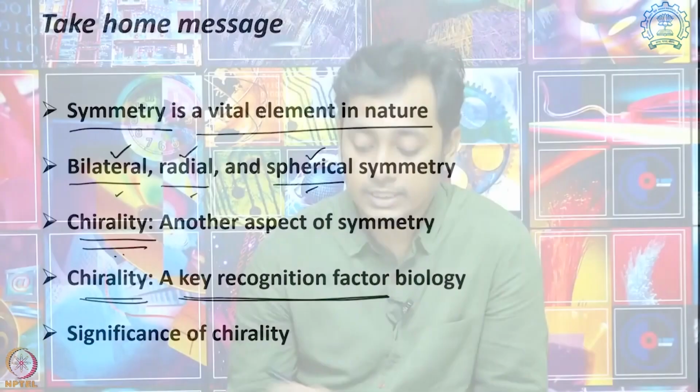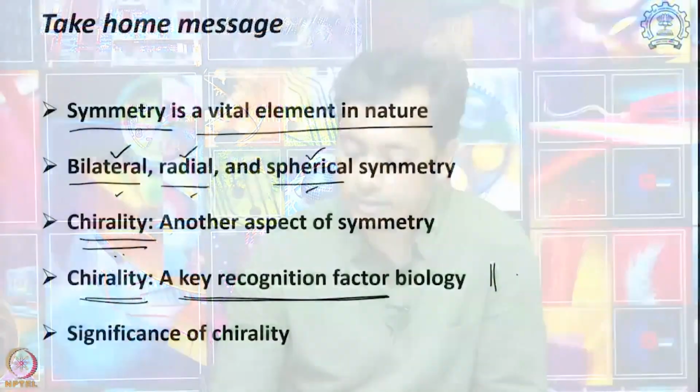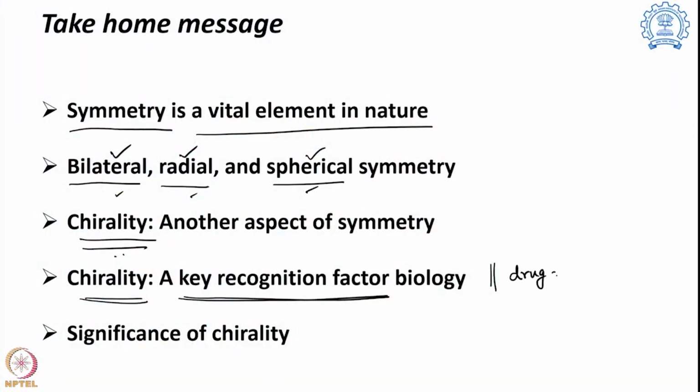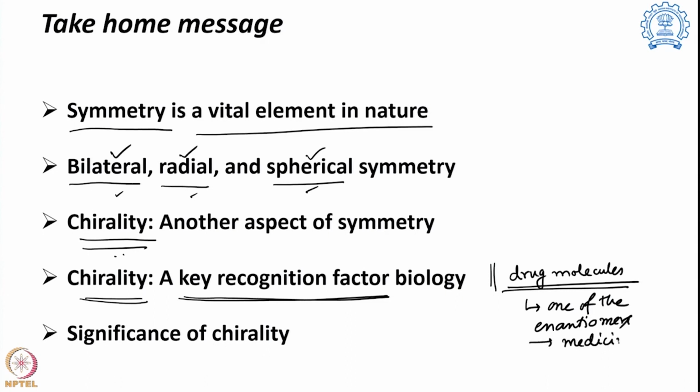And we have also shown some drug molecules which are chiral in nature, and not only that, only one of the enantiomers is actually medicinally active, I would say medicinally favorable, and the other form can be inactive and can also be toxic to ourselves.